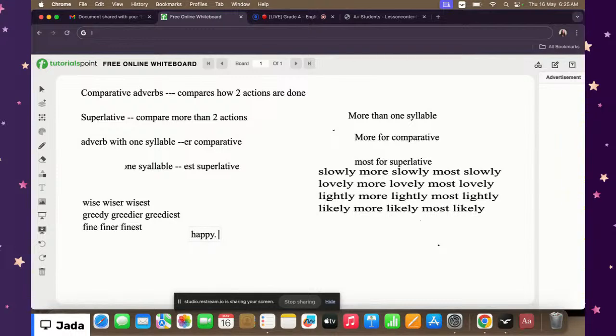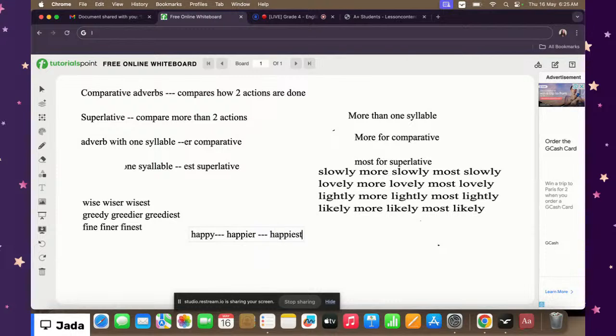So you take out the Y and make it happier. You change the y to I, so happier and happiest.